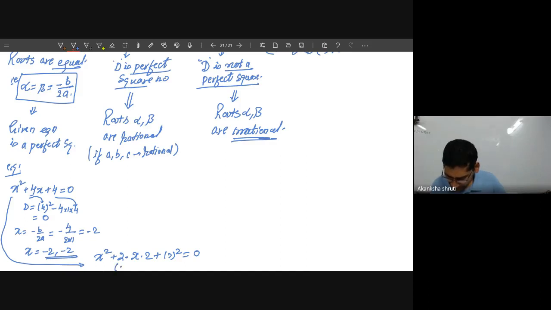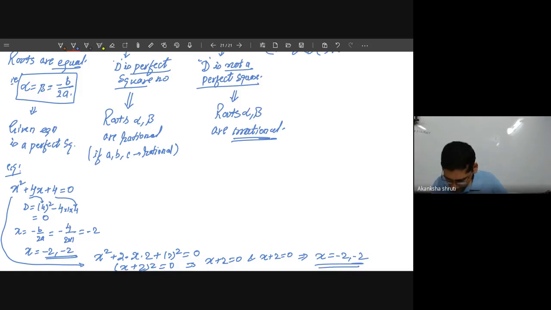It means x plus 2 whole square is equal to 0. It means 2 times x plus 2 is equal to 0. This implies x is equal to minus 2, minus 2.